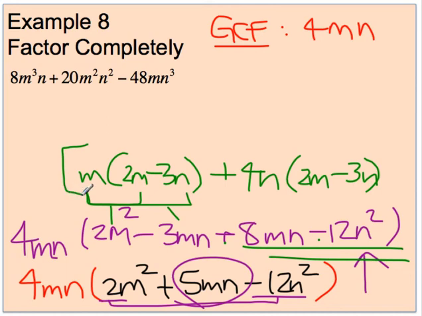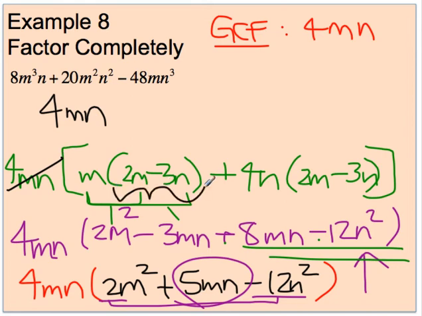And this whole thing, don't forget, is being multiplied by 4 times m times n. So now let's write our final answer. We keep the 4m times n. That's the common monomial factor. We take out the common binomial factor from inside the brackets.